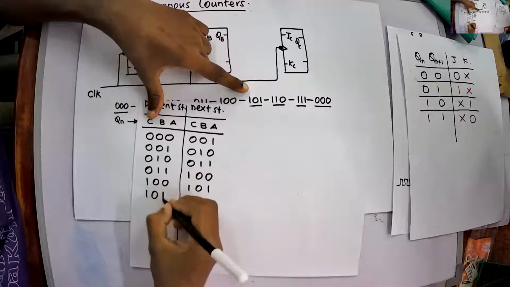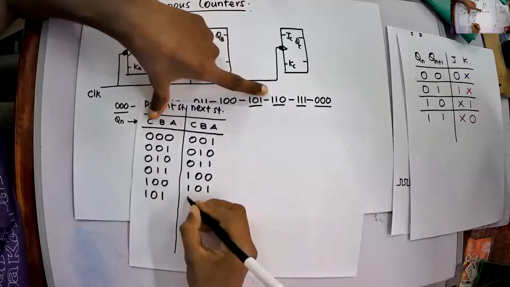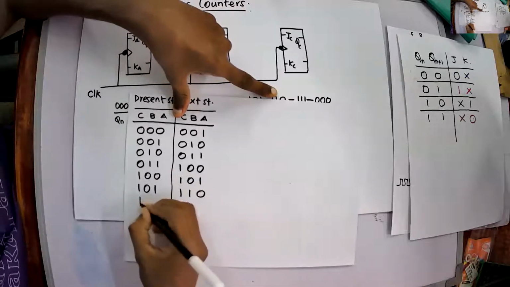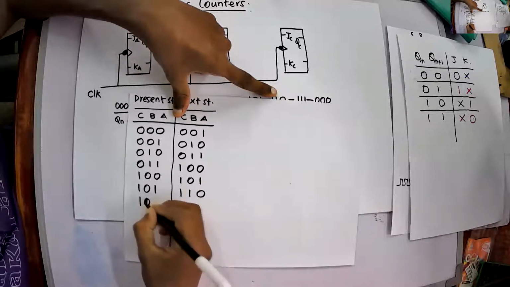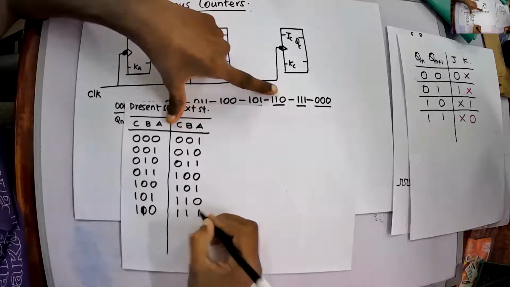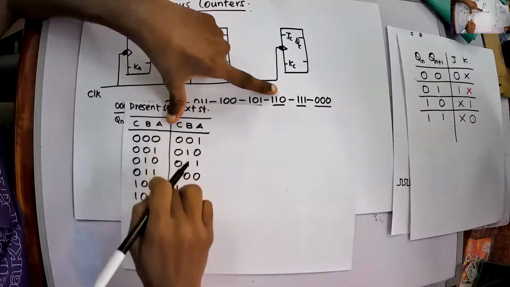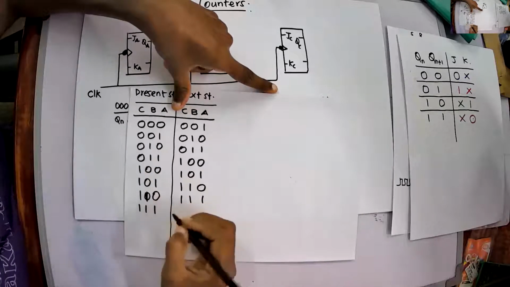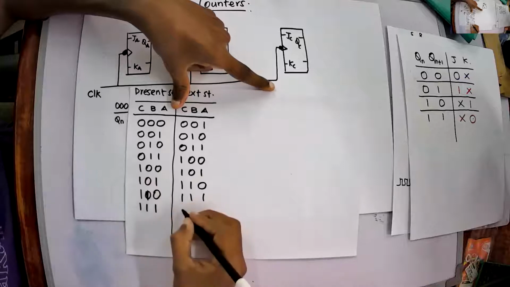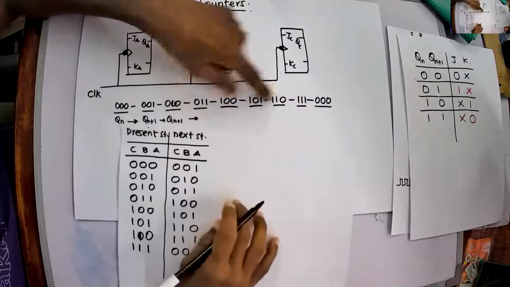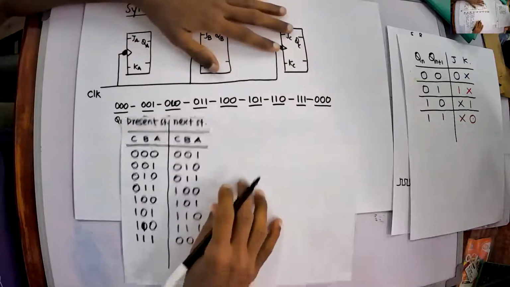If my present state is 1, 0, 1, next state should be 1, 1, 0. If my present state is 1, 1, 0, next state should be 1, 1, 1. And then if my present state is 1, 1, 1, my next state should be 0, 0, 0, as we have seen here.